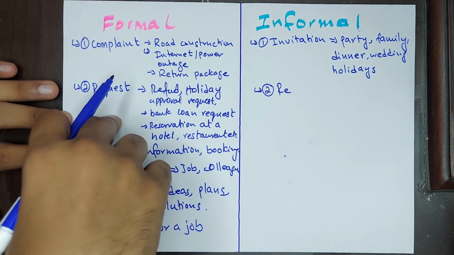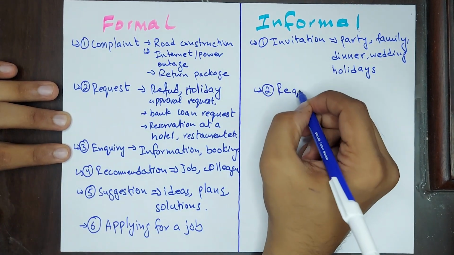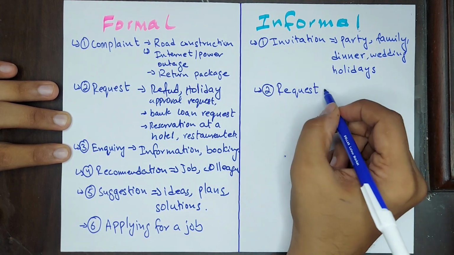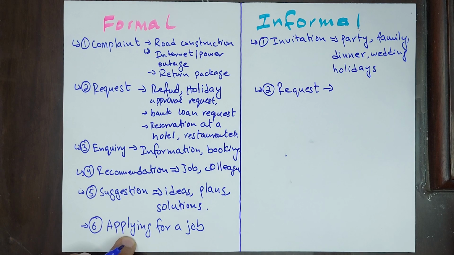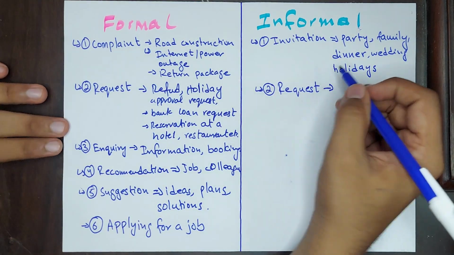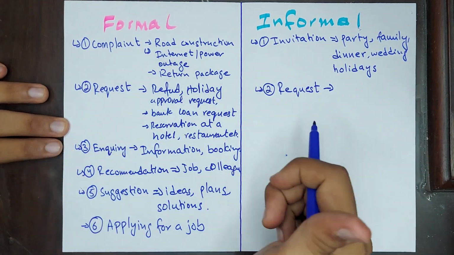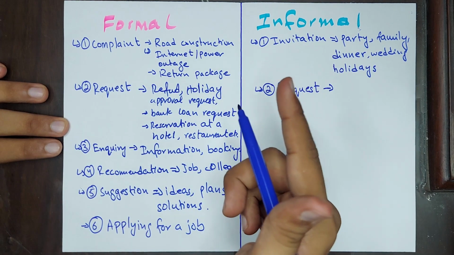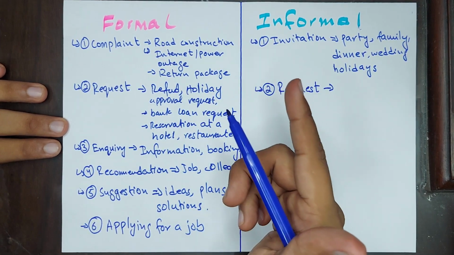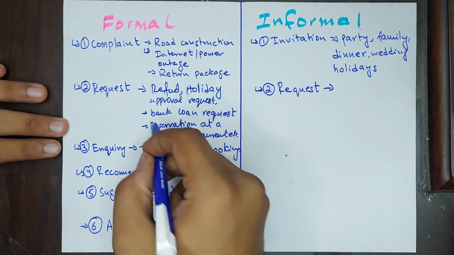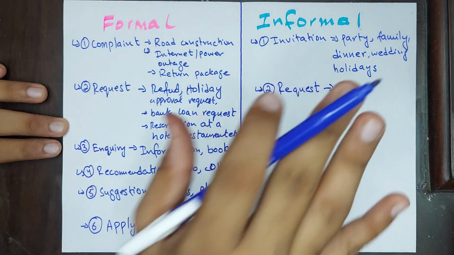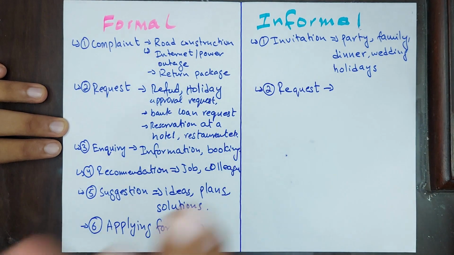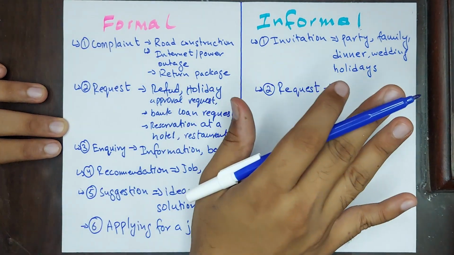Now we have a request here, we have a request here. How would we know which one is formal and which one is informal? Okay, so when you're writing a request for a refund, for a holiday approval to your colleague, to your employer, for a bank loan, for a reservation, that is all formal, because you are writing to a company, to a business, to a corporation.